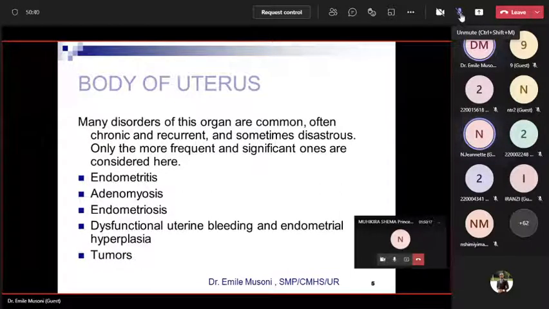What is the question? The normal way of staging tumors that we knew, the TNM, tumor node metastasis. Yes, the TNM is the most common, but there are other systems of staging.